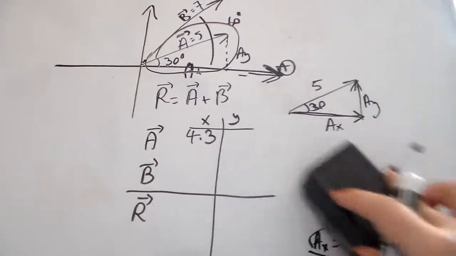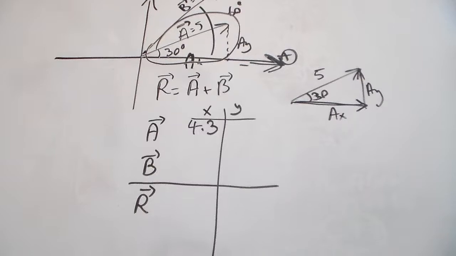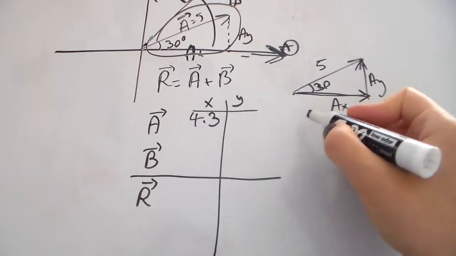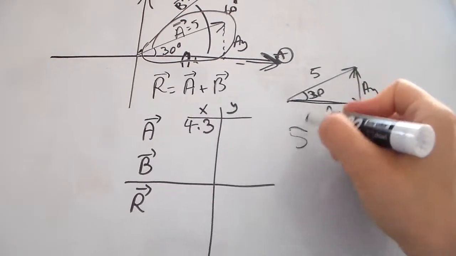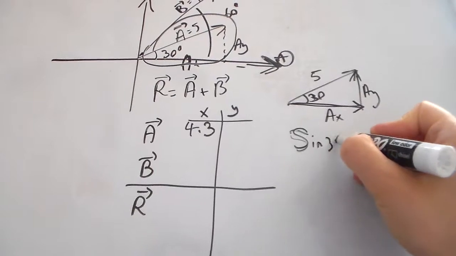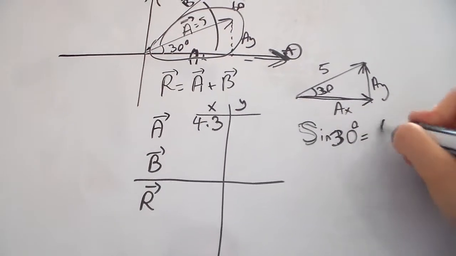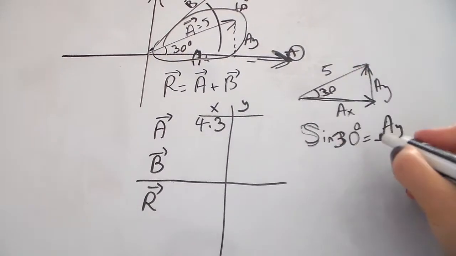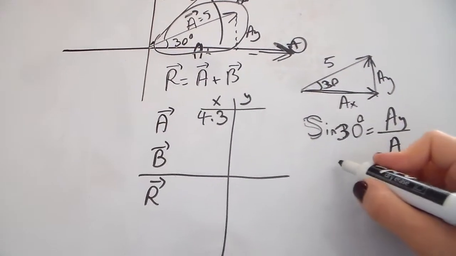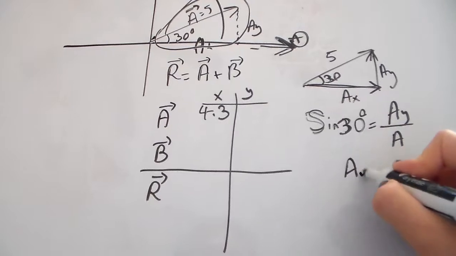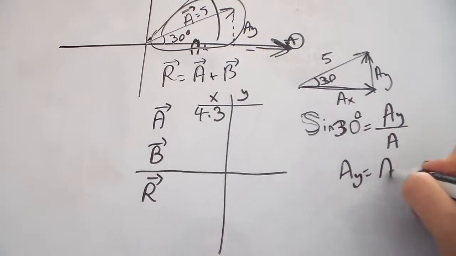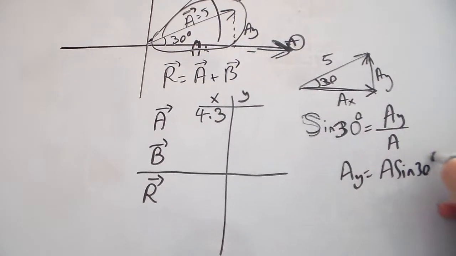Now what I'm trying to do is get AY. Because it's opposite to the 30 degrees, it's best to write sine of 30 degrees. Sine of 30 degrees is opposite over hypotenuse, and then AY would be A sine 30 degrees.